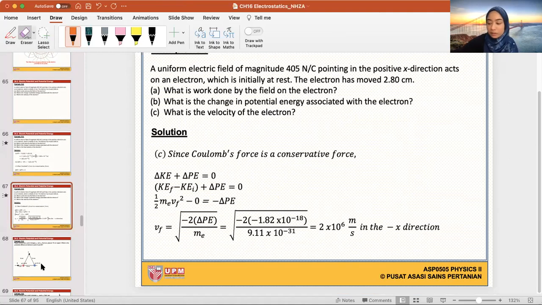Oh, one more thing I forgot. Coulomb's force is a conservative force. We're talking about Coulomb's force. Yeah. So the change in kinetic energy plus the change in potential energy will be equal to 0. Remember, if I'm gaining potential, I will lose kinetic. If I'm gaining kinetic, I will lose potential.